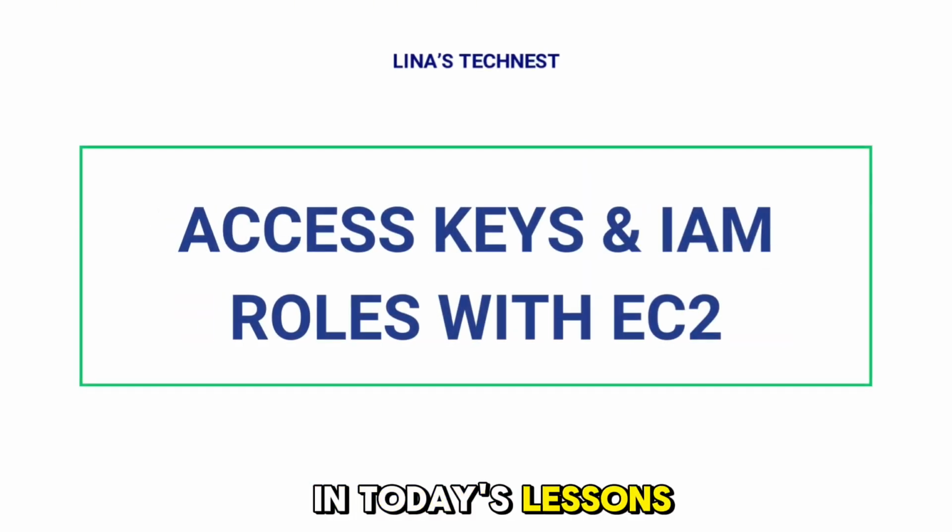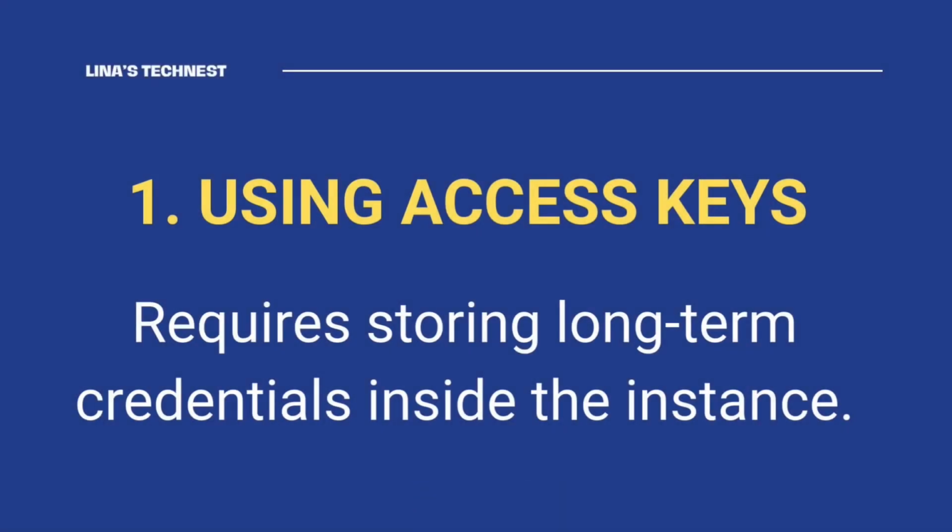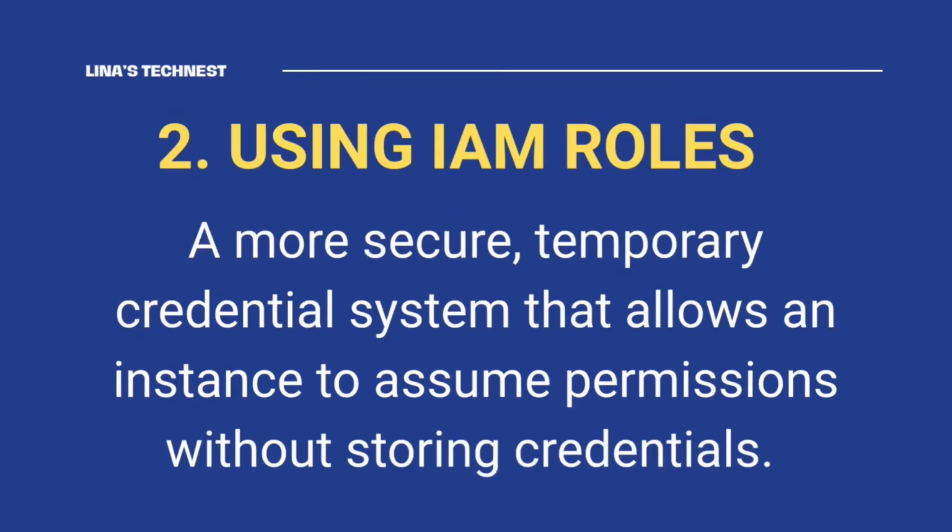In today's lessons, we are going to explore two different ways to provide an EC2 instance with permissions to access AWS services. The first one is using access keys, a method that requires storing long-term credentials inside the instance. The second is using IAM roles, a more secure temporary credential system that allows an instance to assume permissions without storing credentials.